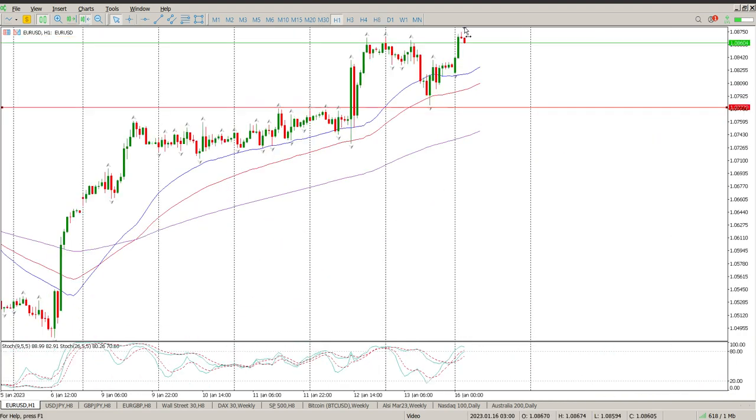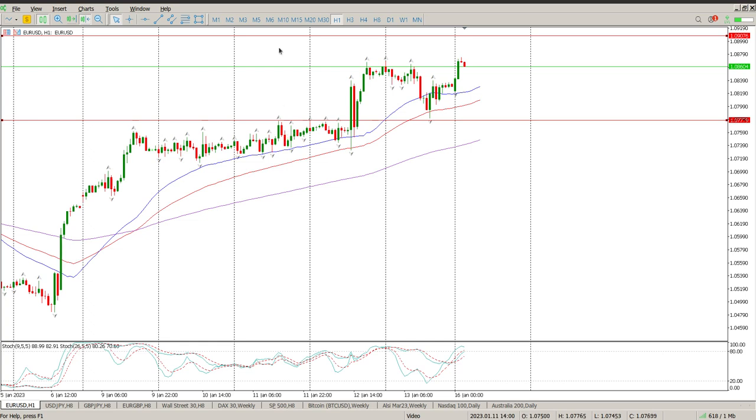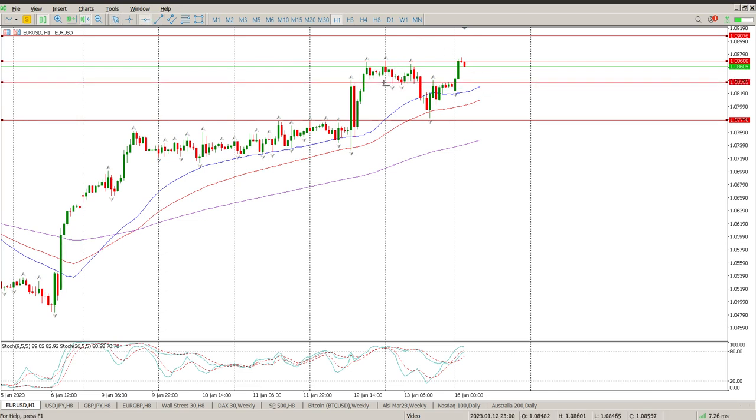If you drill down to the 1-hour, you'll see we're also kind of grouping with the oscillators at the moment, so probably forming some form of a range. There's the previous high, and we are bouncing off that. And then you have another interesting area.